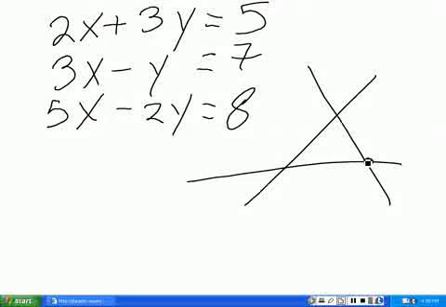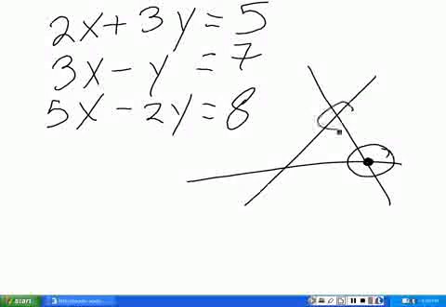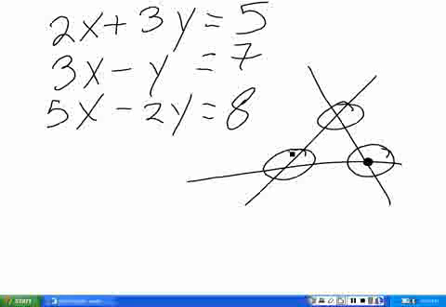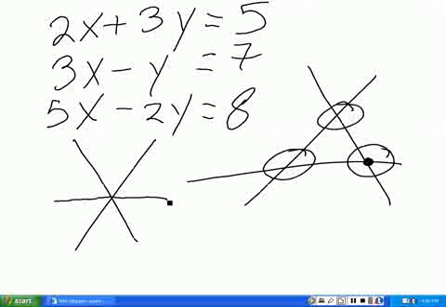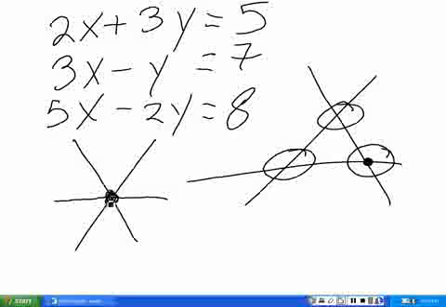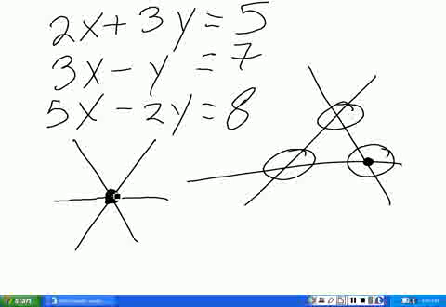It's not necessarily going to be true that the point where those two lines meet is the same as this point and this point. I mean, you could have situations where everything works out nicely, but in general, that is not going to be the case.